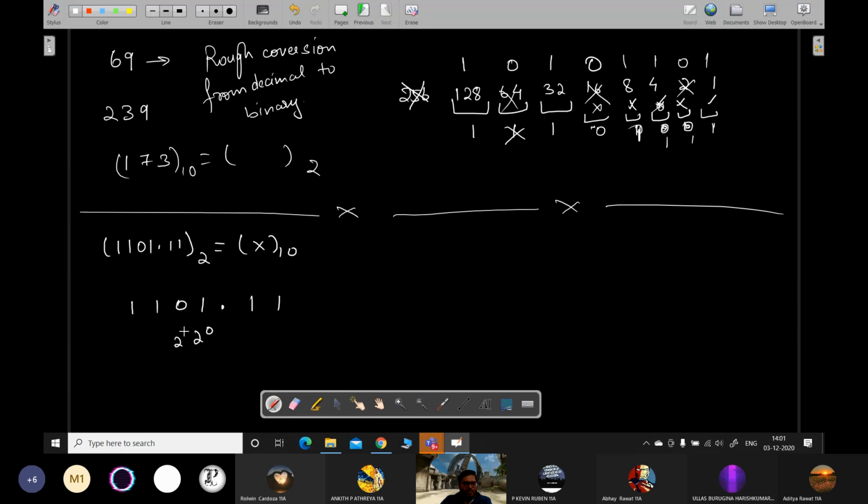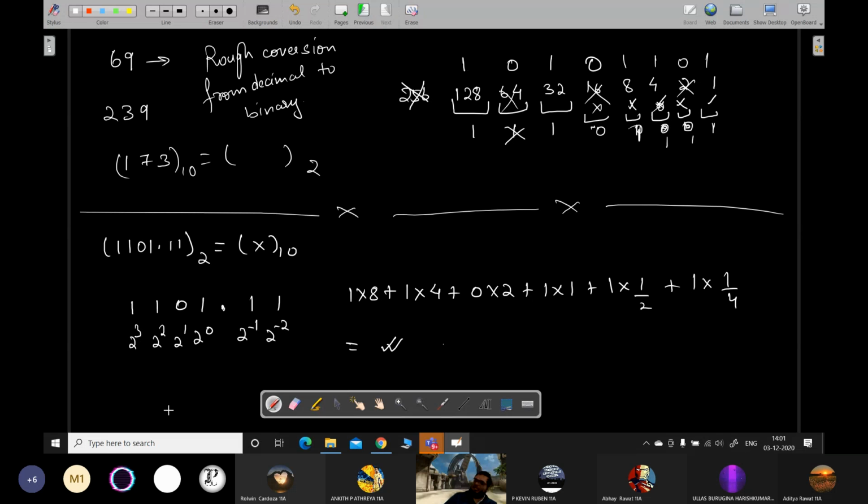This is 2 to the power 0, 2 to the power 1, 2 to the power 2, 2 to the power 3, and what comes after the point you start writing as the power -1, and keep adding everything. So you will get 1 into 8 plus 1 into 4 plus 0 into 2 plus 1 multiplied by 1, plus 1 multiplied by 1 by 2, plus 1 multiplied by 1 by 4. Whatever is the answer, that will be the equivalent in decimal.